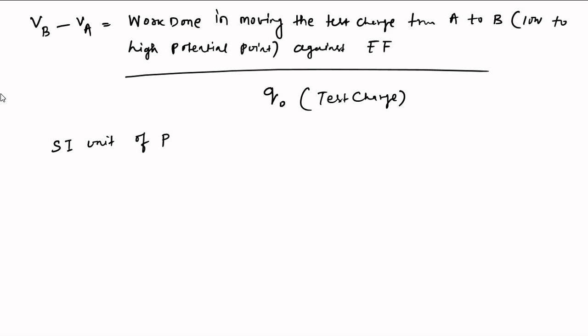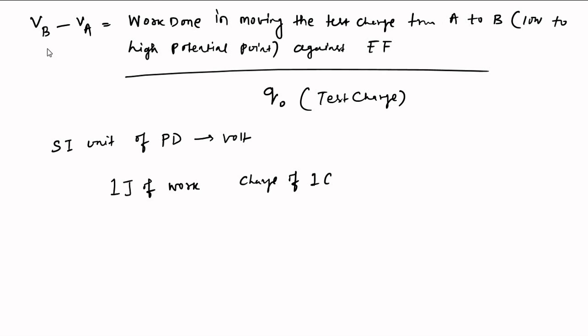We can say that the potential difference between 2 points is said to be 1 volt if 1 joule of work is done in moving a charge of 1 coulomb from a lower potential point to a higher potential point against the electrostatic force in the electric field. Always remember this definition.